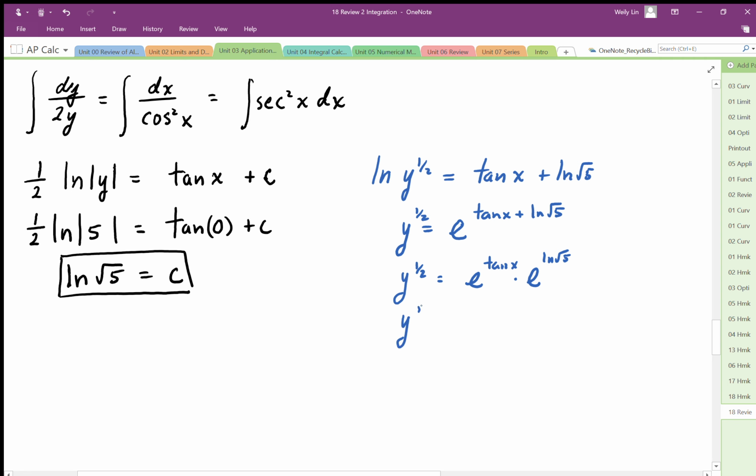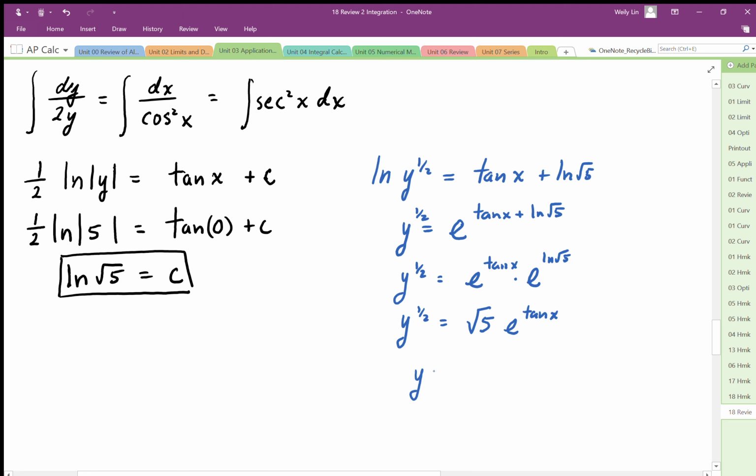So y to the 1/2 is equal to root 5 as my coefficient, e to the tan x. Okay, so it looks much cleaner than leaving that log root 5 in the exponent.